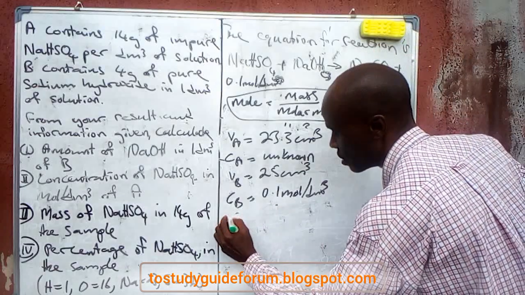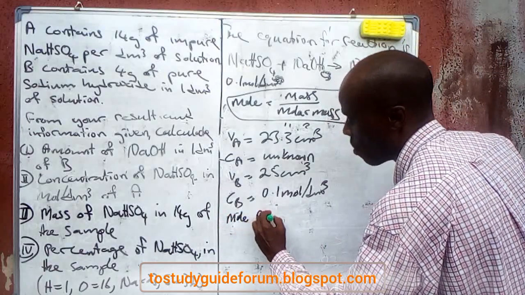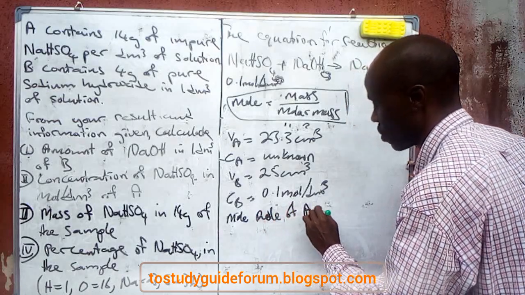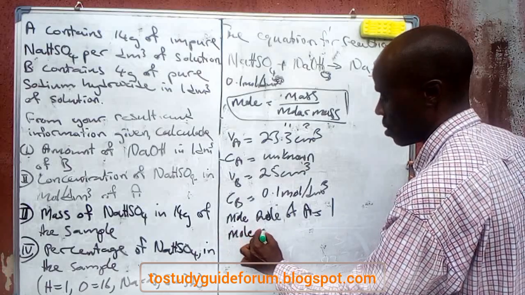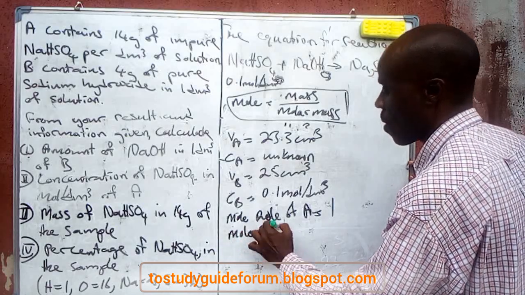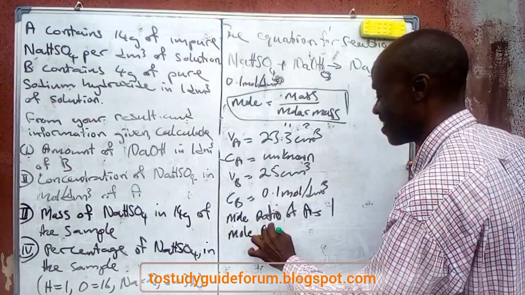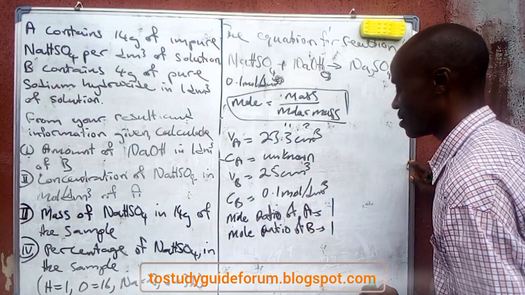Let me just put it this way. Mole ratio of A is 1, and the mole ratio of B is equal to 1.